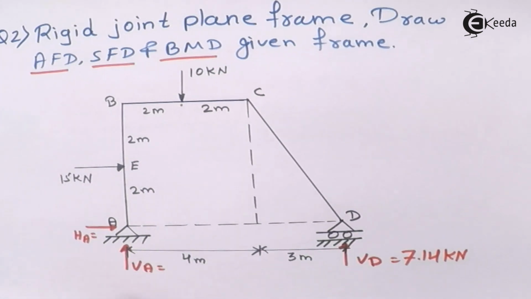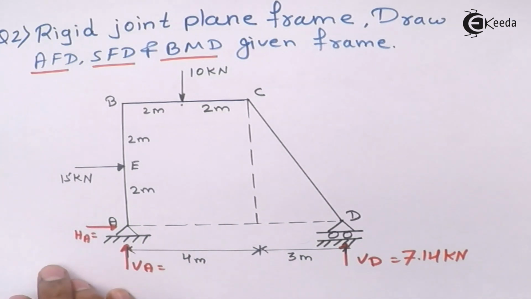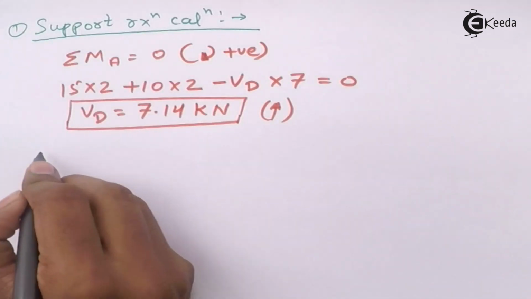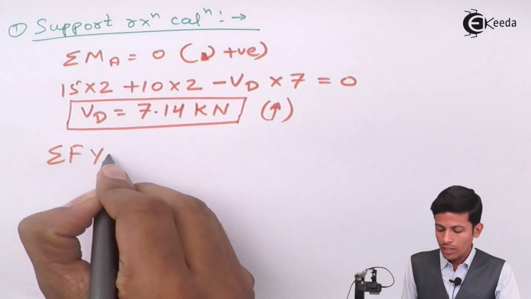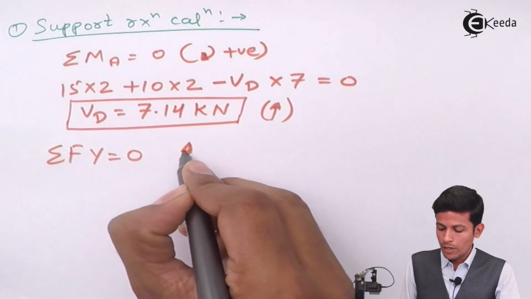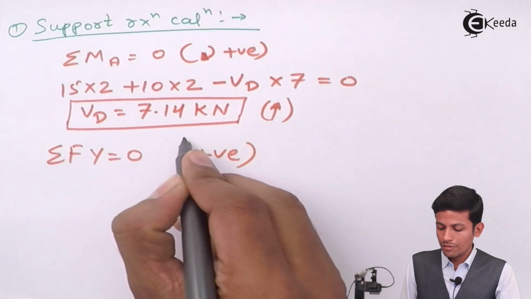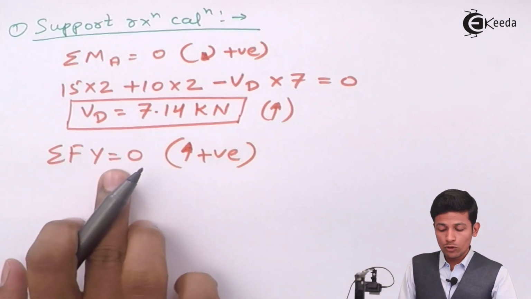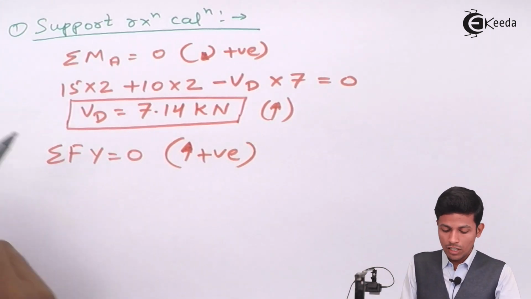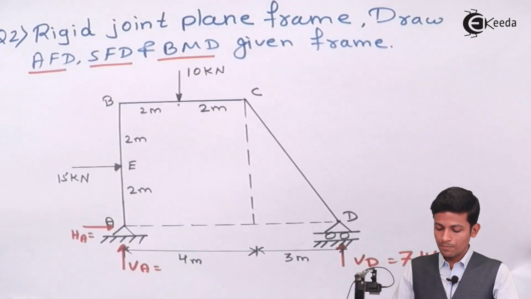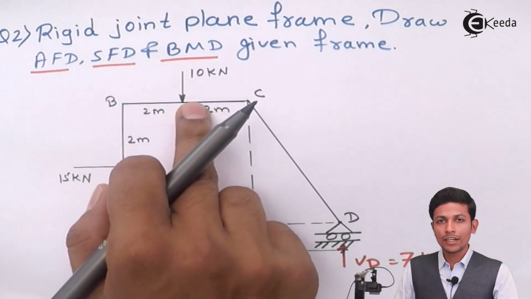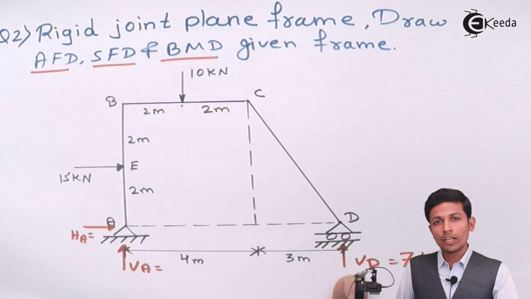Now what is unknown here? VA. How will we find VA? We have to take summation Fy equal to 0, upward positive. This is going up, plus; this is going down, minus; this is also going up, plus.